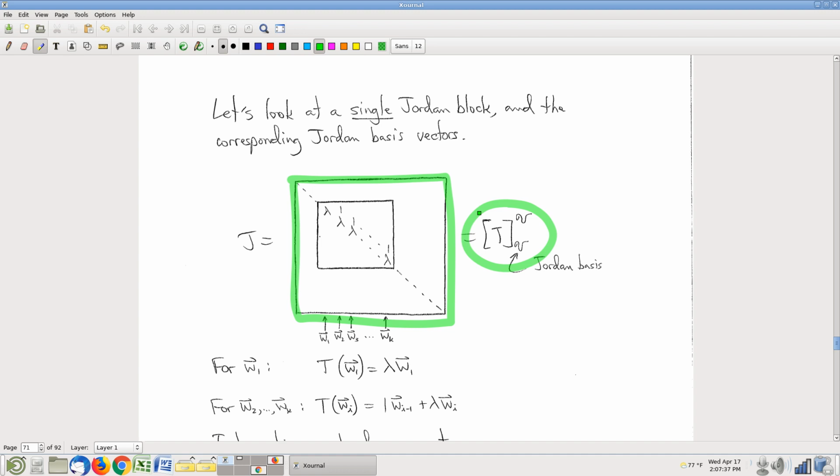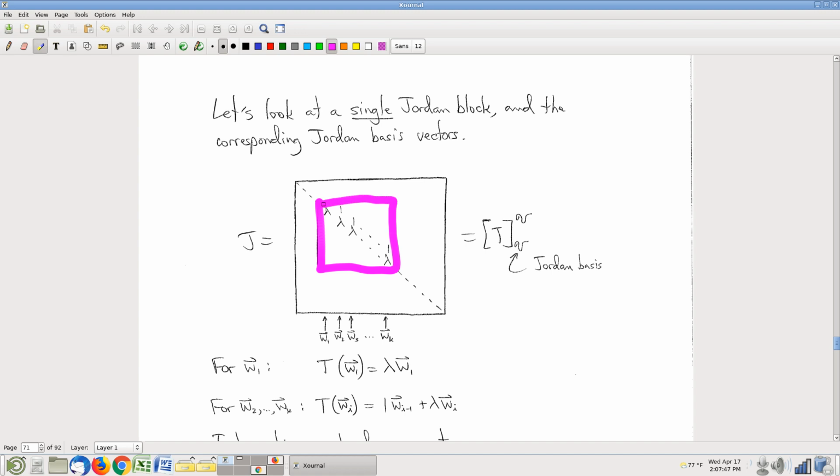I want to look at a single block. Here's a single Jordan block inside of that Jordan form. Keep in mind the columns are telling you about the images of certain basis vectors.